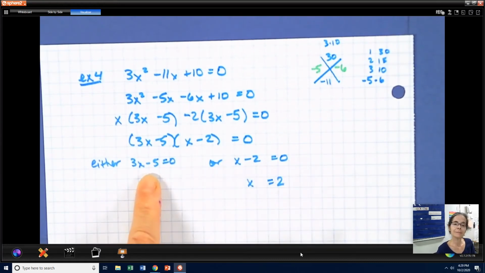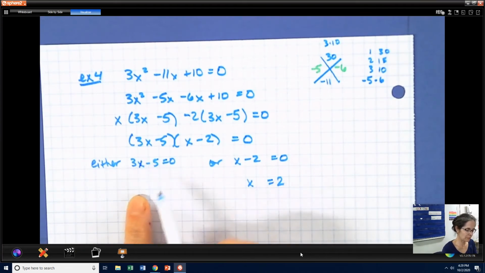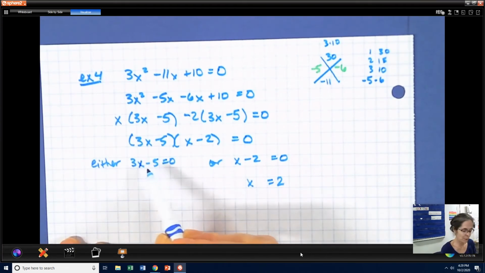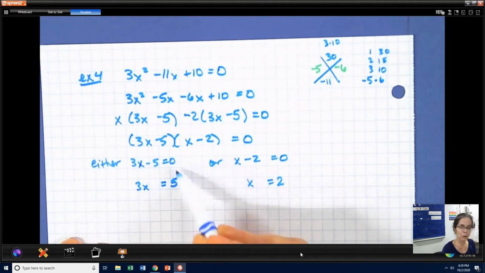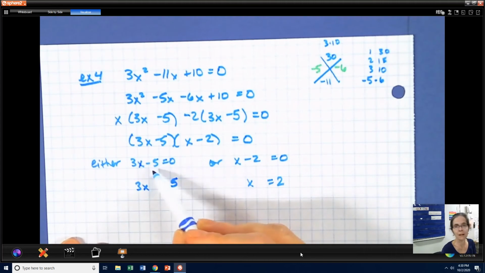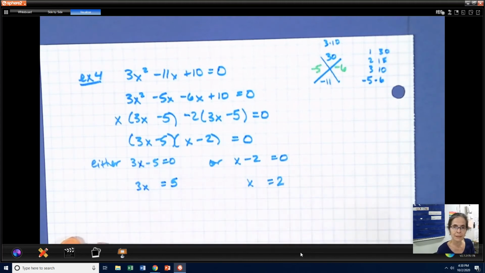On this side, it's more steps. I want to get this x term alone. I'm going to start by adding 5 to both sides, because 0 plus 5 is 5, and negative 5 plus 5 would just go away. And then I want to do the opposite of multiplying by 3, which is really multiplying by the reciprocal 1/3.